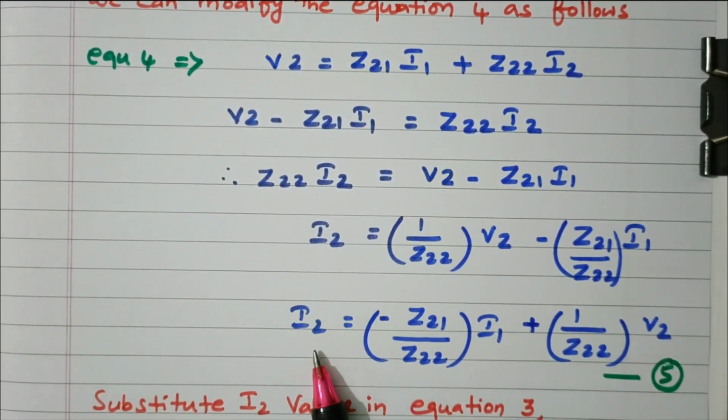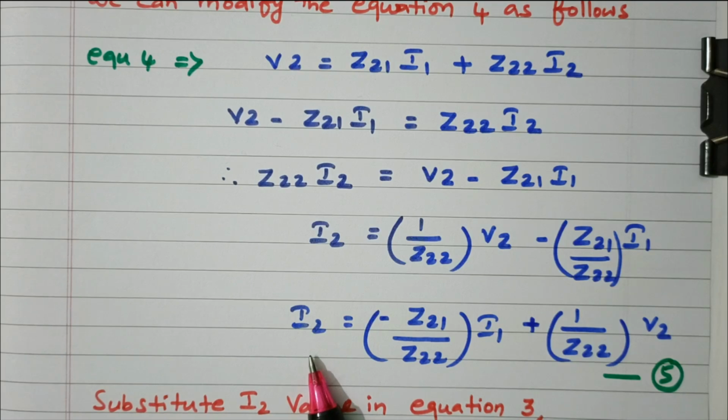So I2 equal to minus Z21 divided by Z22 into I1, plus 1 divided by Z22 into V2. Take this as equation number 5. By modifying equation 4 we got equation 5, which gives the expression of I2.